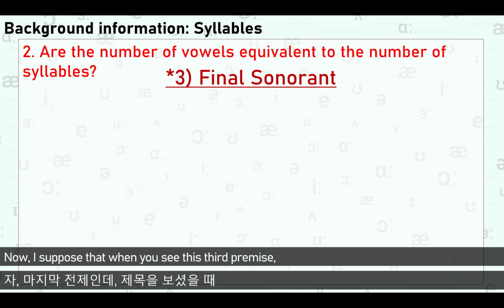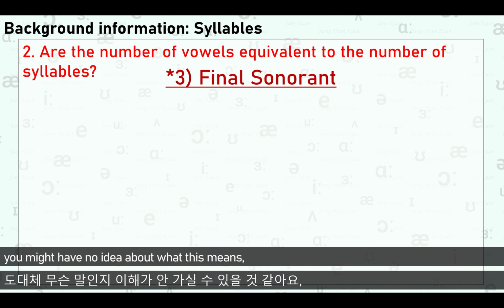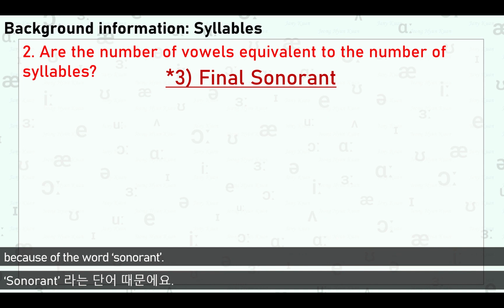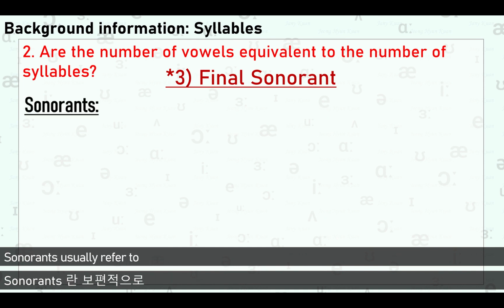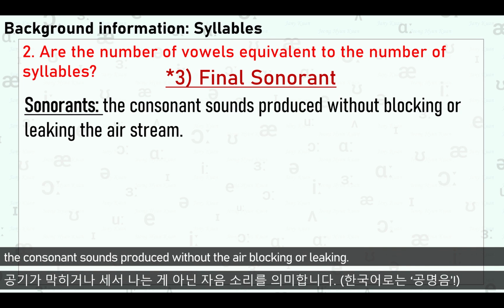Now, I suppose that when you see this third premise, you might have no idea about what this means because of the word sonorant. Sonorants usually refer to the consonant sounds produced without the air blocking or leaking.